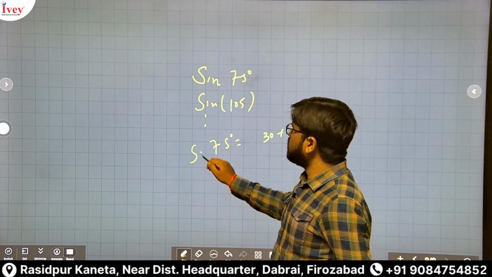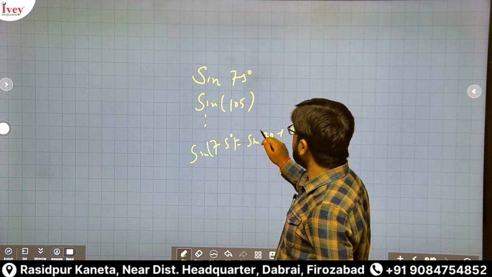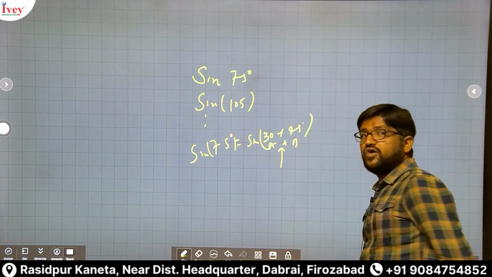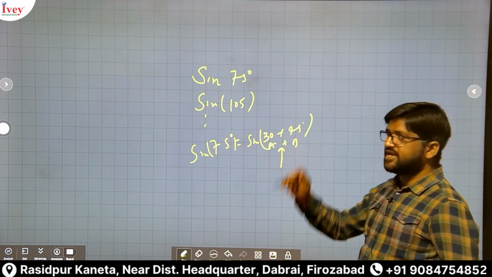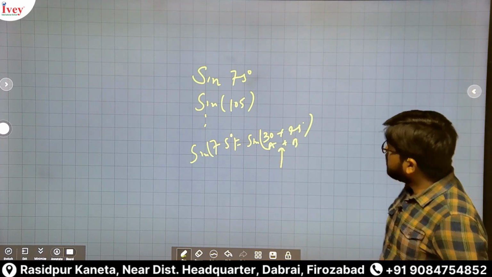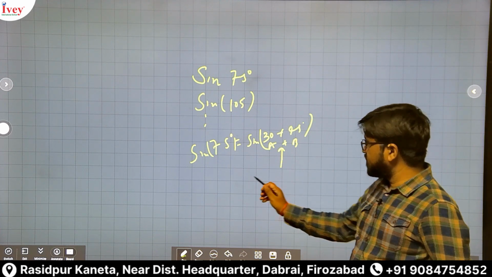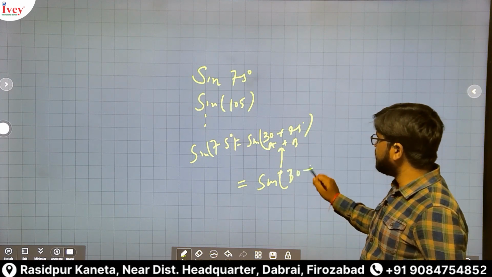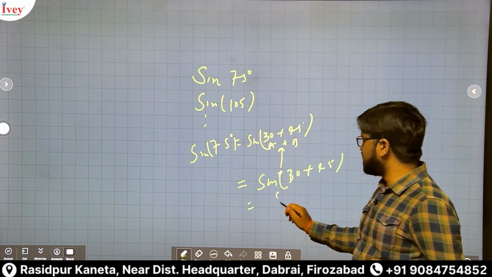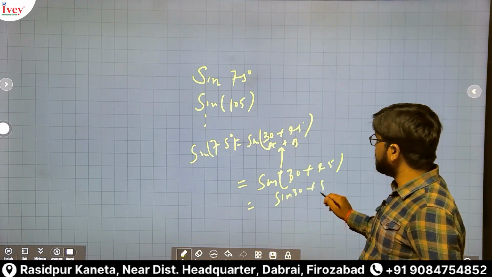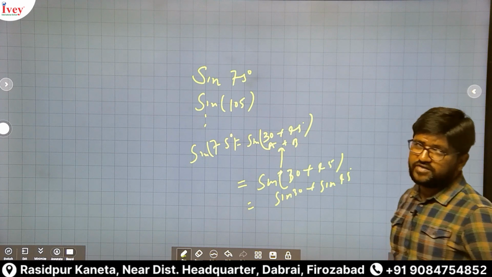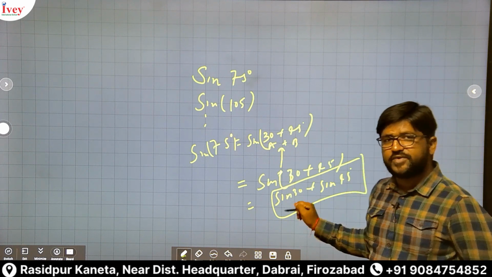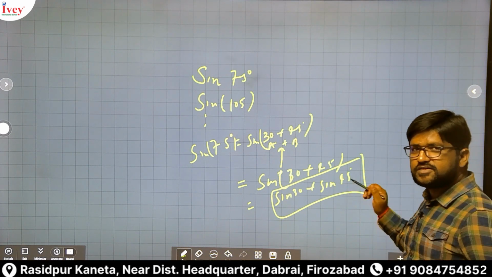If we know the formula for sine A plus B, then easily we can calculate, right? Some beginners make a mistake like this: for sine 75, they will write 30 plus 45, and they will write sine 30 degree plus sine 45 degree. Please do not write this. This is the murder of mathematics.